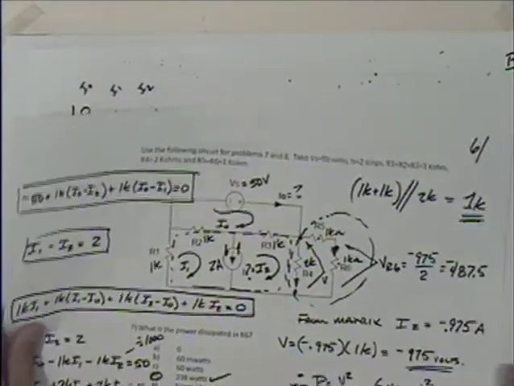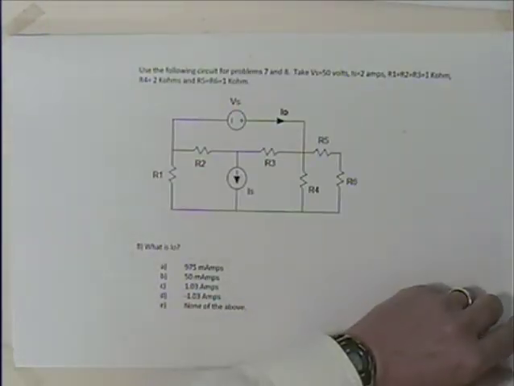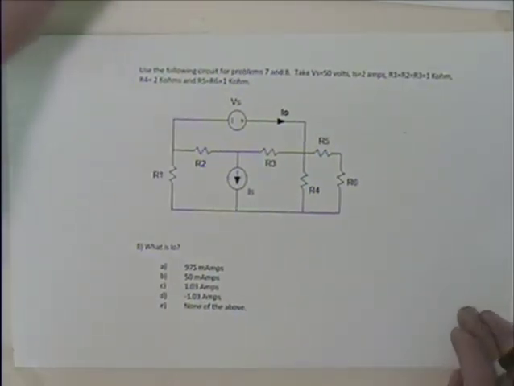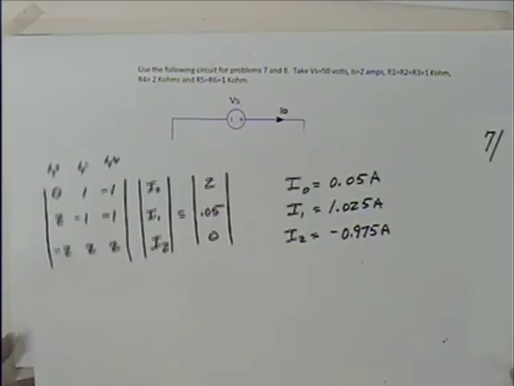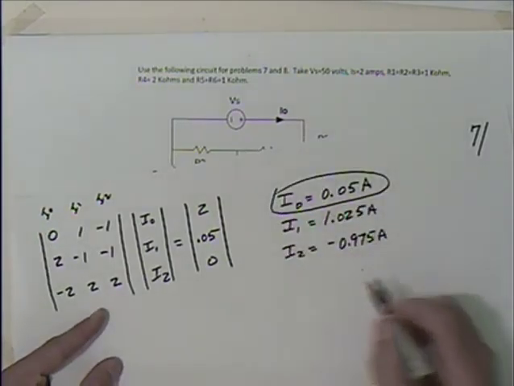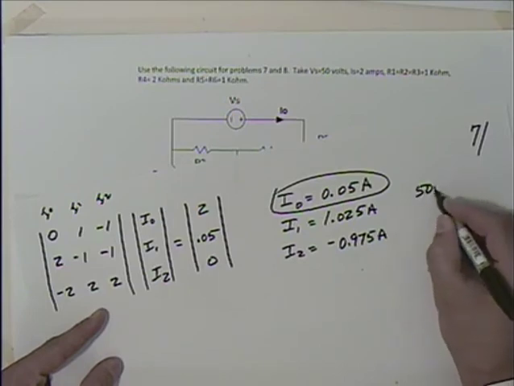So we've got that. 6, 7. I'll leave that matrix there for you to look at on the PDFs. And what do we have with 8? What's I naught? Oh, that's an easy one. I naught's equal to, right there, found that with the matrix, 0.05 amps, which would be 50 milliamps.